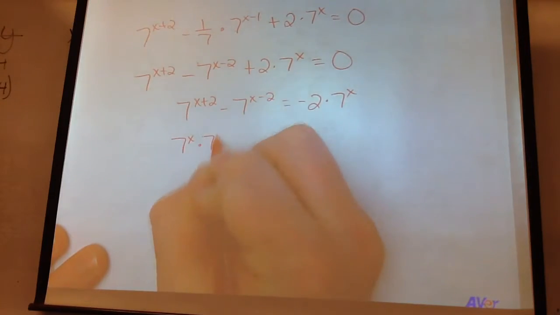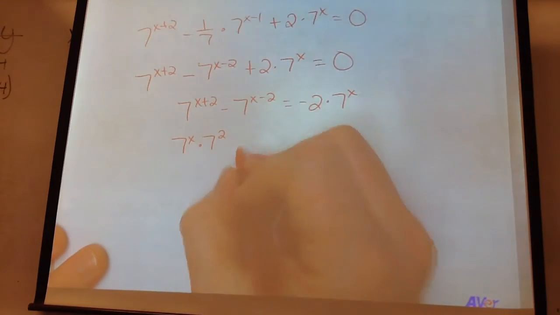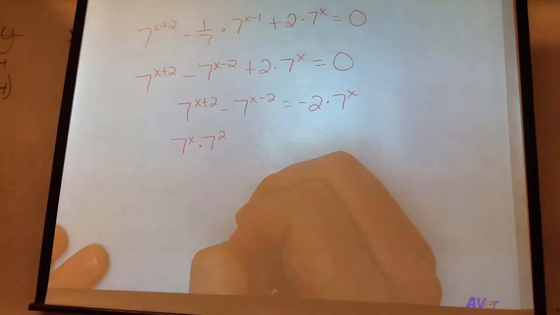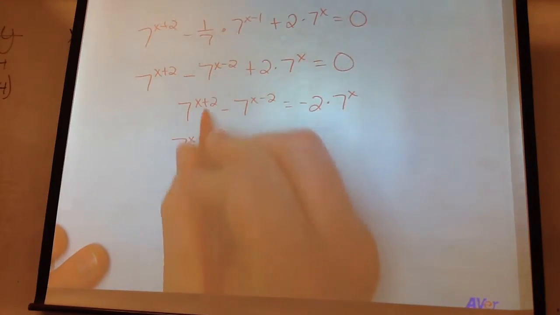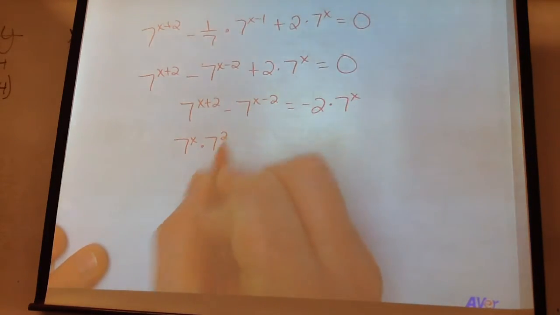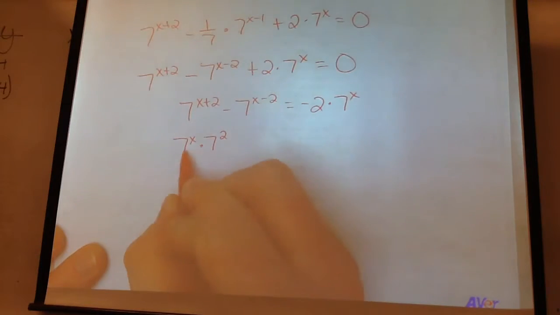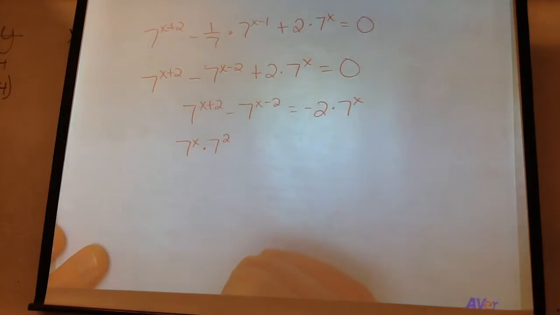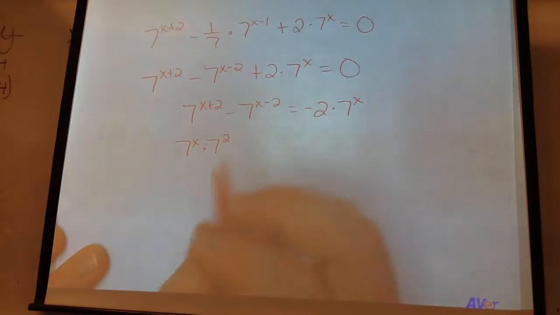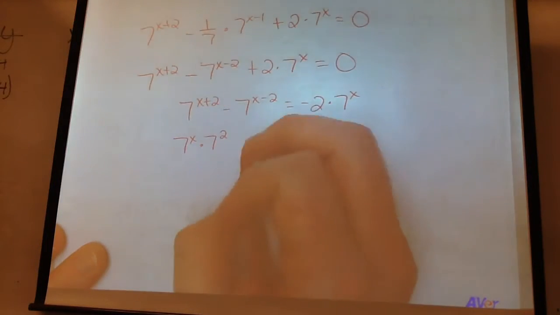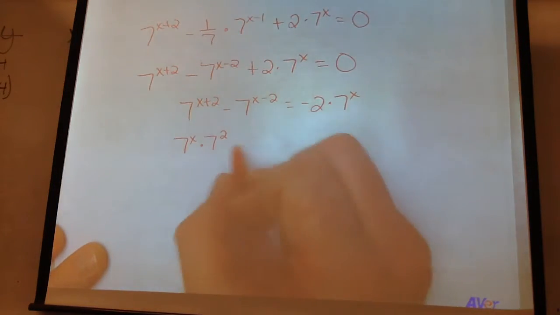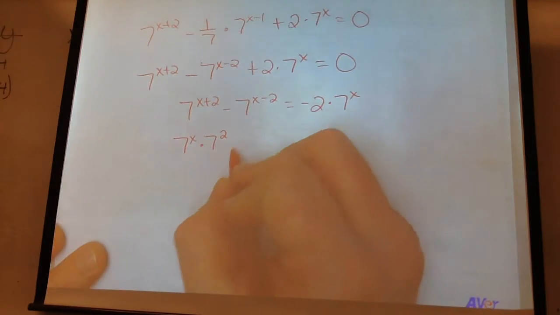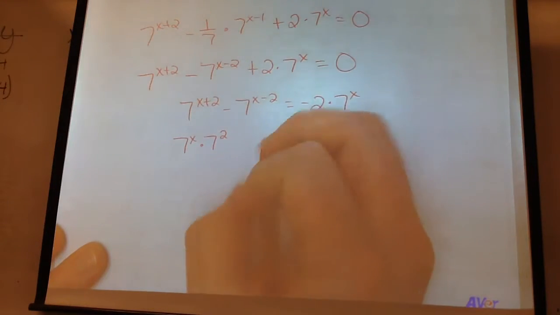Let's see what happens if we do this. See what I'm doing here? I changed that to 7 to the x times 7 squared, because when you multiply with the same base, you add the exponents, so that's the same as that. Okay, you feeling it? And then what are we gonna do about that one? That's gonna be minus 7 to the x.